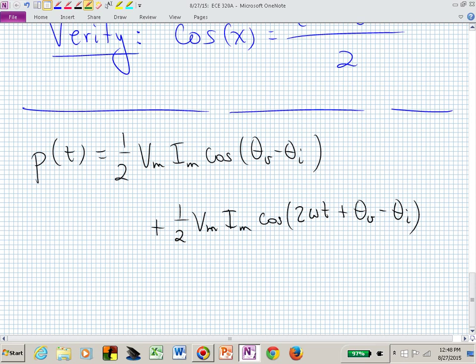Suppose we introduce some more formulas to try to get this into another structure that we are comfortable with.